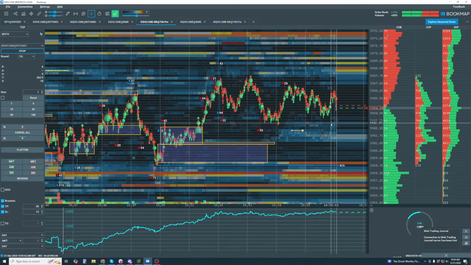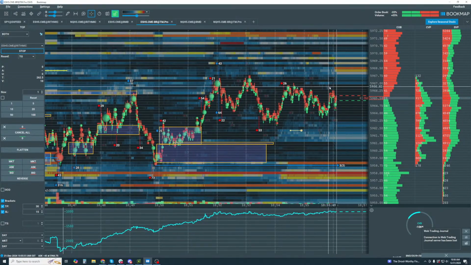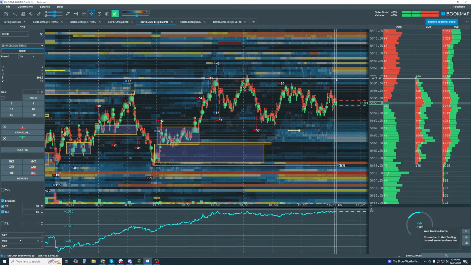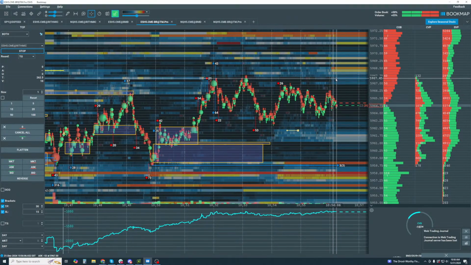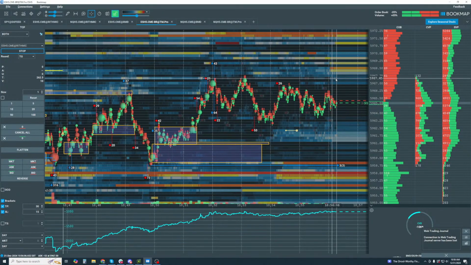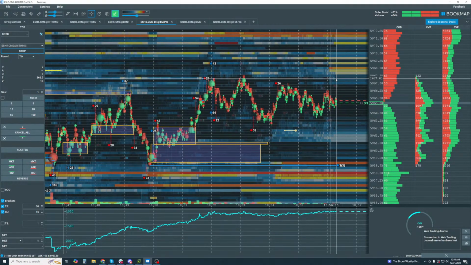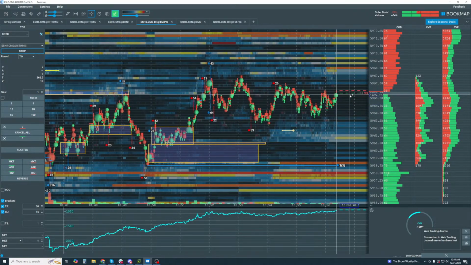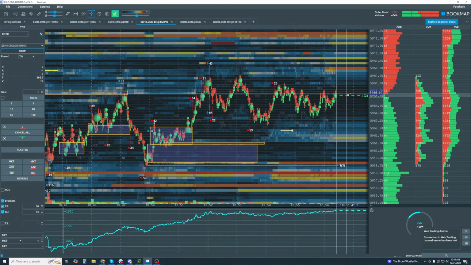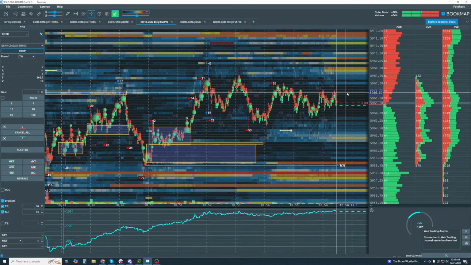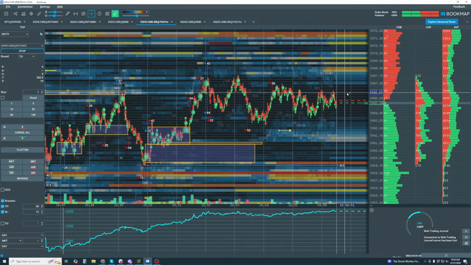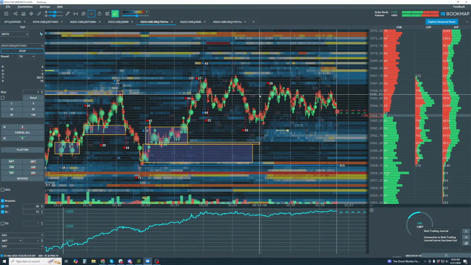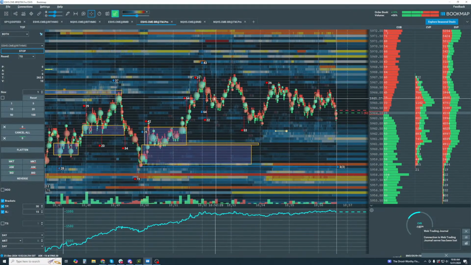So good in this price action. What kind of distribution may we see in?